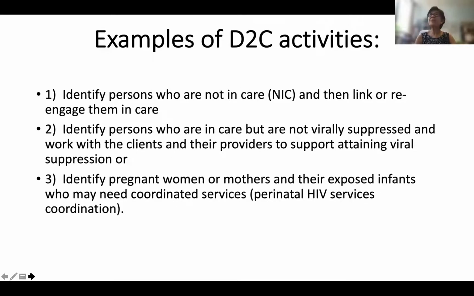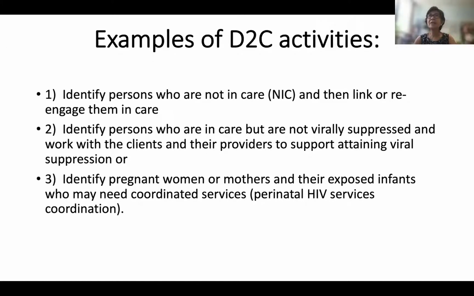So what are examples of data to care activities? This is really within the HIV context. For example, surveillance can be used to identify persons who are not in care. People conflate not in care with out of care. There's a lot of different lingo out there. And then linking is really more towards people who are newly diagnosed, linking them or re-engaging them in care.